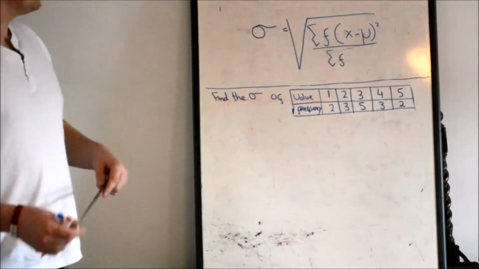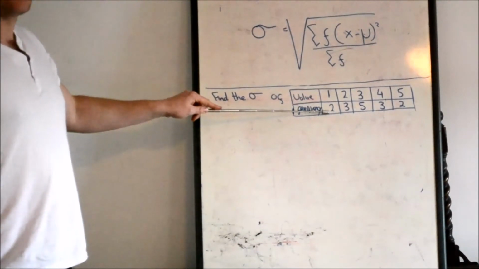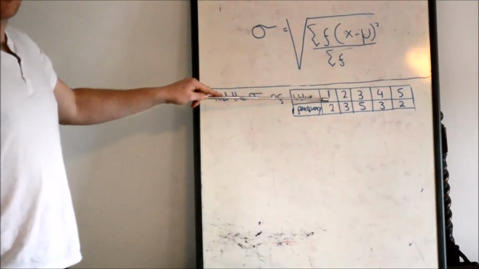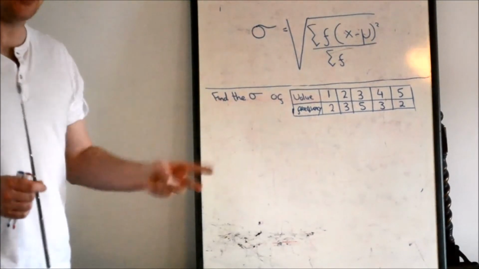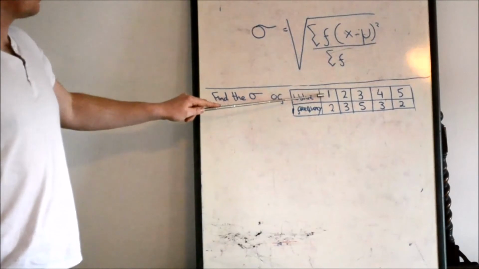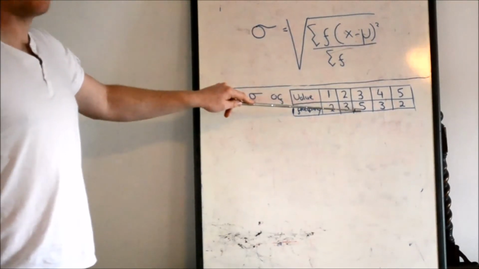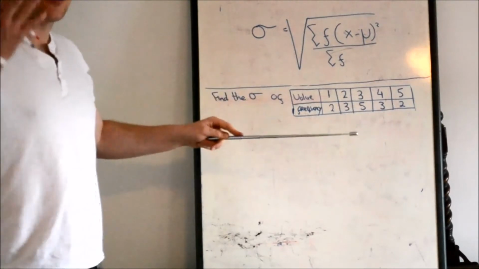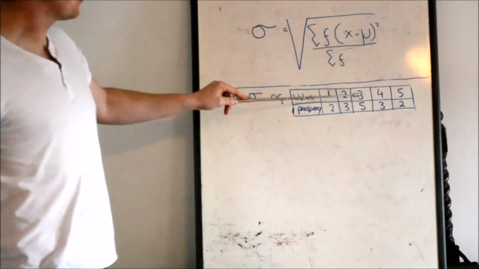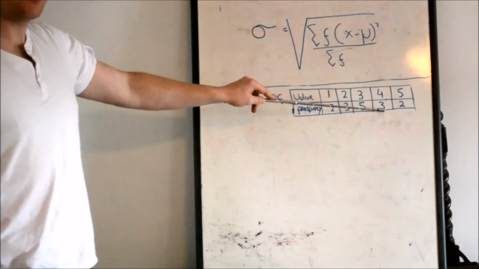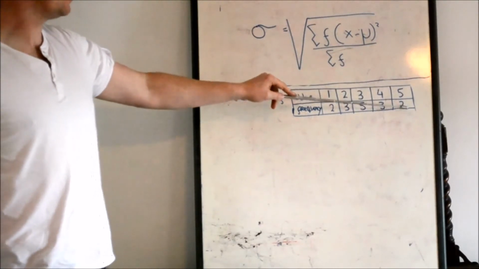So in this, 2 people scored a value of 1 for their dive. 3 people scored a value of 2. 5 people scored a value of 3. 3 people scored a value of 4, and 2 people scored a value of 5.